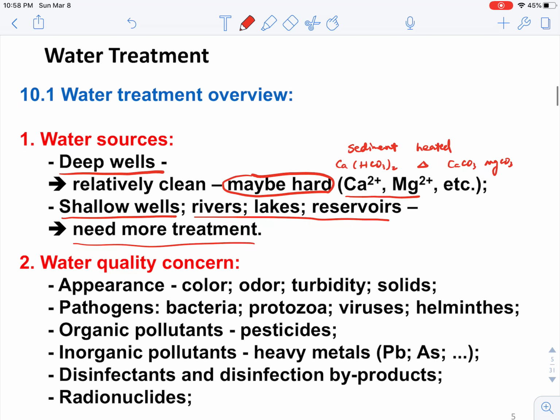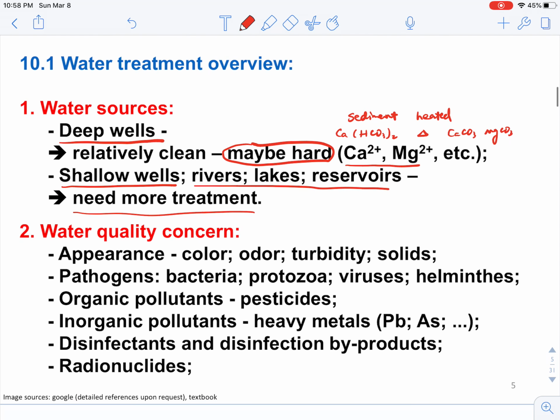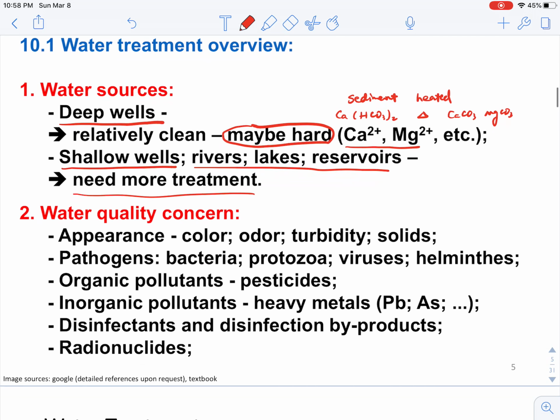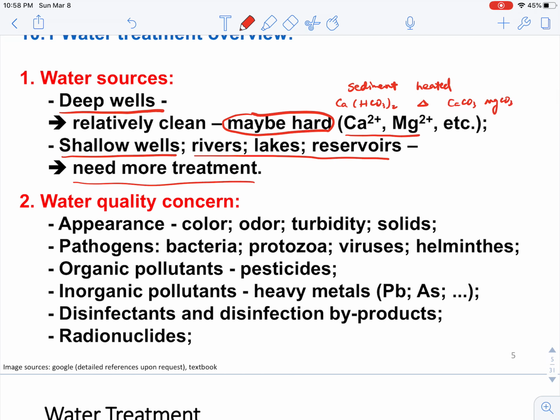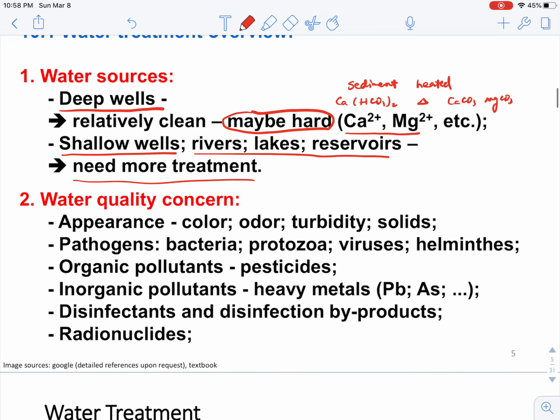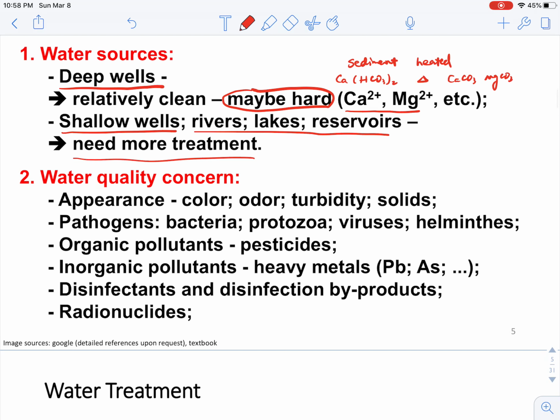And then once we talk about the sources of drinking water, we need to know what is an accepted water or potable water, right? We need to know about the water quality concerns. The concerns for water quality can be in many aspects, okay? They can be the appearance of the water, for example, the color, the odor, turbidity, or solids, right?